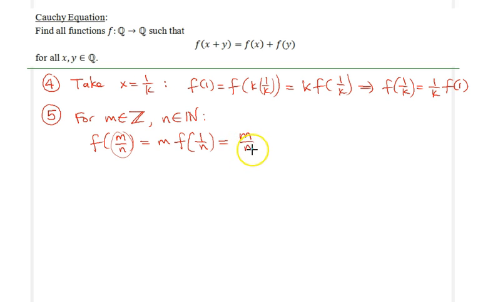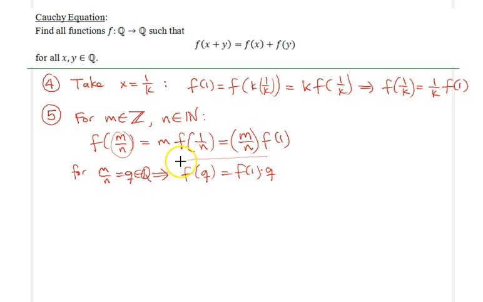So therefore, we get m over n times f of 1. And if we call m over n equal to q, that's equivalent to saying that f of q, q being a rational number, obviously, is equal to f of 1 times q. So we get a linear form, and that's our solution.